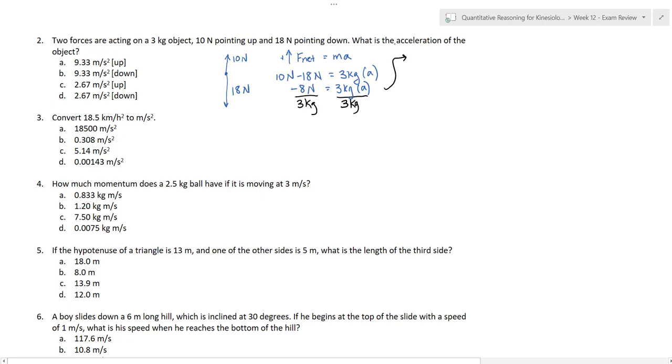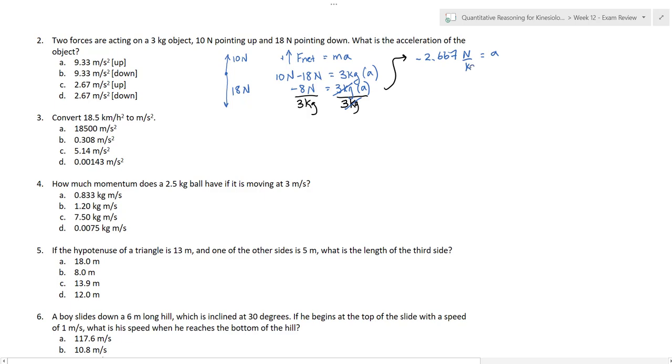And so now I'm left with negative 8 over 3. I'm just going to type that onto my calculator, and I get negative 2.667 newtons per kilogram is equal to the acceleration, because the 3 kilograms cancel out.